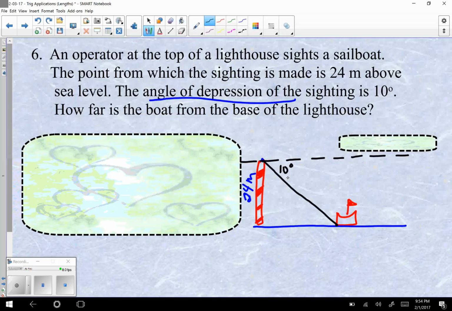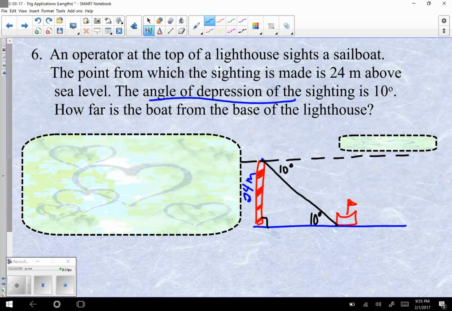If I know the angle of depression is 10, then I can automatically know the angle here. Alternate interiors are congruent, so I get 10 degrees, and I have this right triangle. Now I am going to figure out what trig ratio I'm using. How far is the boat from the base?